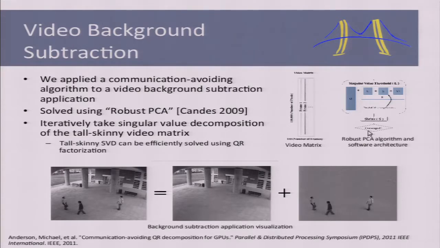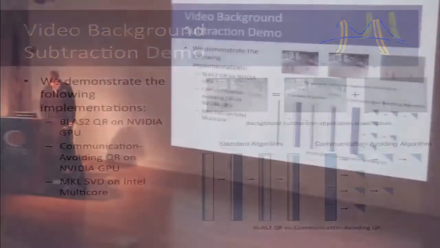And the algorithm proceeds by iteratively taking the singular value decomposition of that matrix. And the way that we solve singular value decomposition is using something called a QR factorization, which is also used for least squares. So basically, we need to do the QR factorization over and over on this matrix.